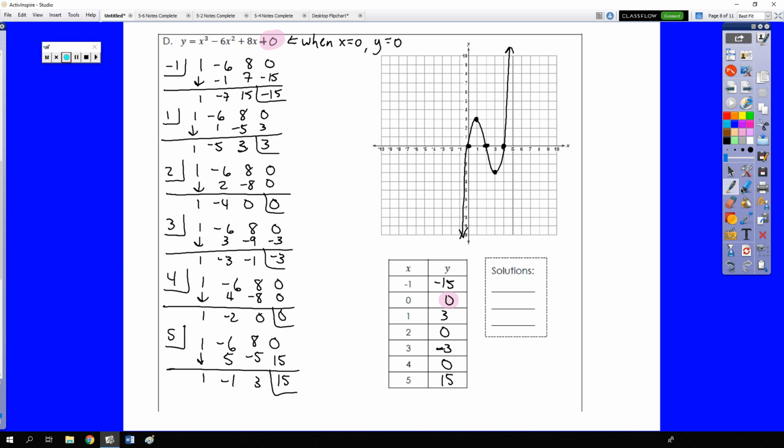So again, the solutions are the x-intercepts, which are shown clearly on the graph. They can also be seen in the table. So our answer, our x-intercepts, our solutions, our roots, our zeros, are x equals 0, x equals 2, x equals 4.